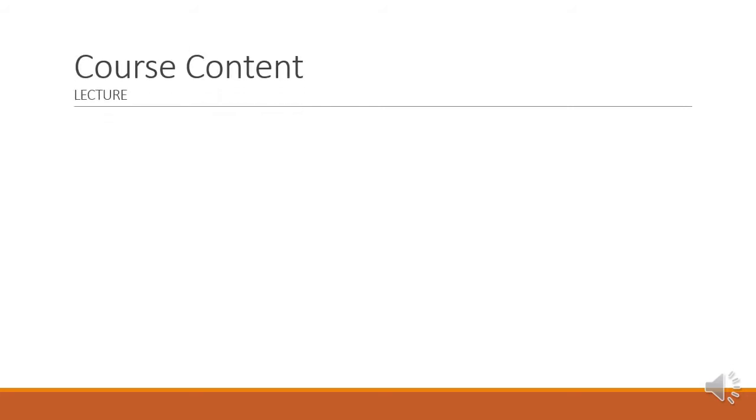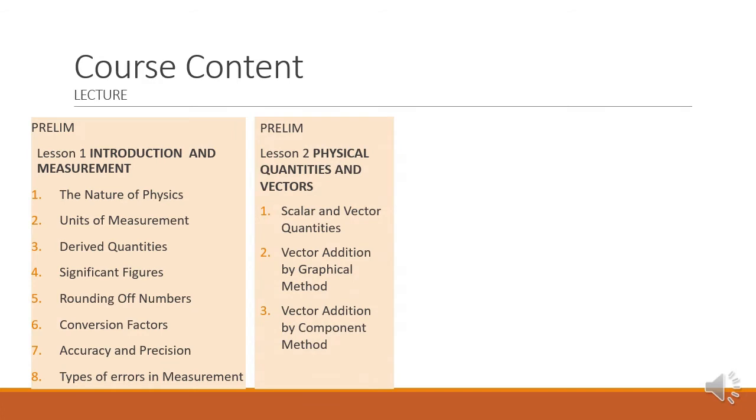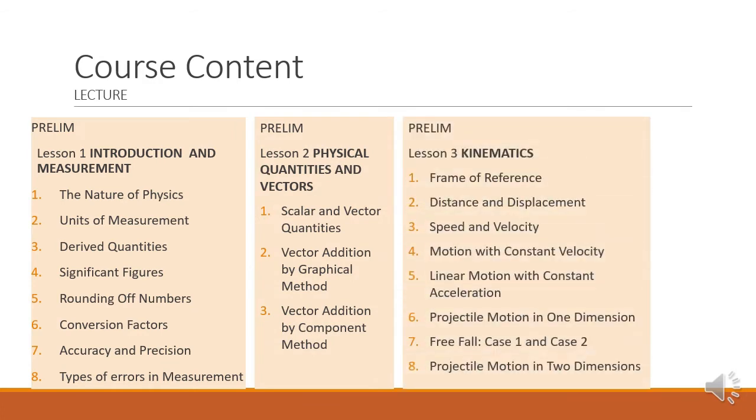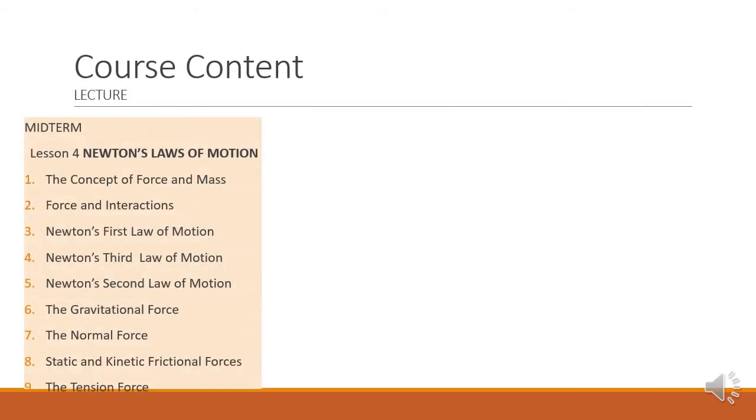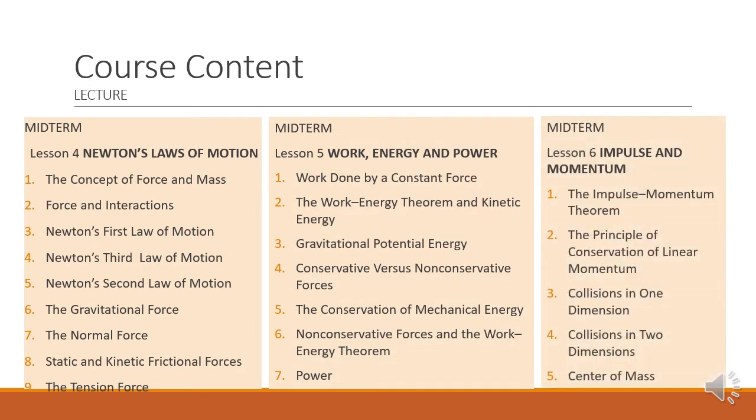The course content of this lecture is Lesson 1, Introduction and Measurement, Lesson 2, Physical Quantities and Vectors, and Lesson 3, Kinematics, and that's for your prelim. Midterm: Lesson 4, Newton's Laws of Motion, Lesson 5, Work, Energy, and Power, Lesson 6, Impulse and Momentum.